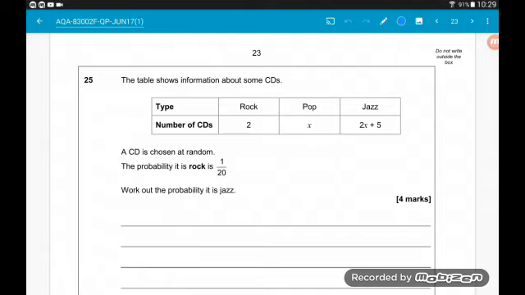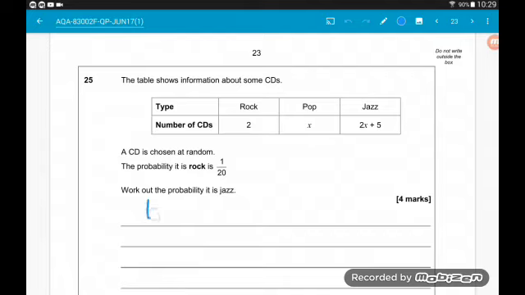So first important part, the key to starting this question is that we're told the probability it is rock is 1/20th. Now, that means that 1/20th of all these CDs are rock. So if we have 2 rock CDs, that is 1/20th of the total.